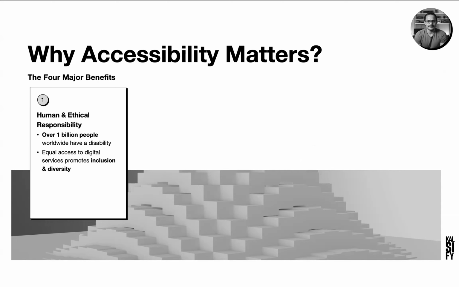And every single person deserves equal access to information, services, and experiences, just like anyone else. When we make things accessible, we're saying, you matter, you're included, you belong here. And for companies, prioritizing accessibility means you're also building a culture of inclusion and diversity. And that's something users, employees, and the world notice.